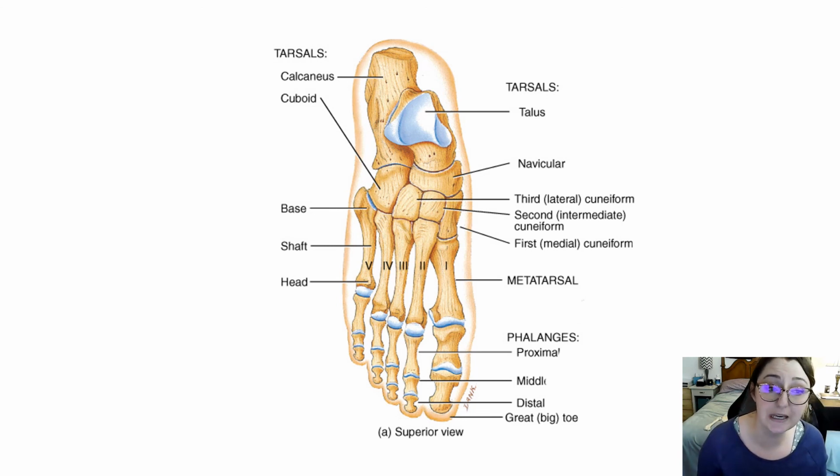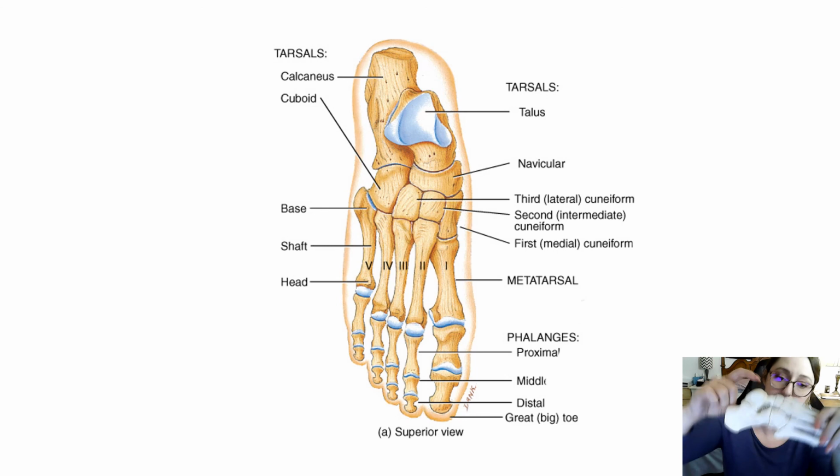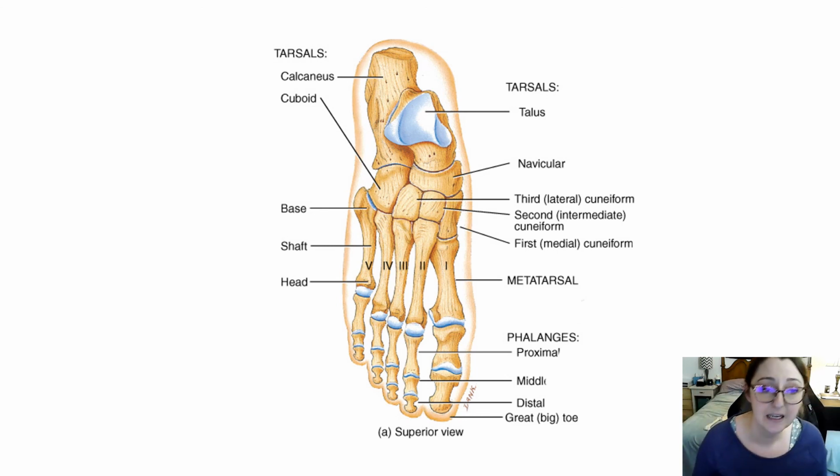That is your heel. On the top, you have the talus. The talus is the only bone of your tarsals that articulates with your lower leg bones. So your tibia, more specifically, a little bit of the fibula, mostly tibia. But the talus is the one that articulates with them.